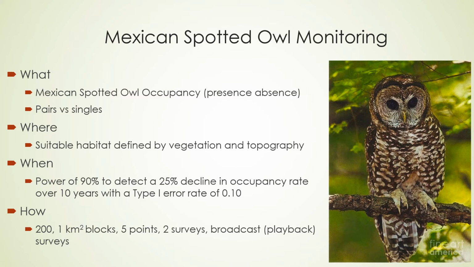The Forest Service decided they didn't have the resources to do that, so they decided to monitor spotted owl occupancy, or presence-absence of spotted owls, across suitable habitat in Region 3 of the Forest Service. The other thing they wanted to know is whether a site held a pair of owls or a single owl without a mate.